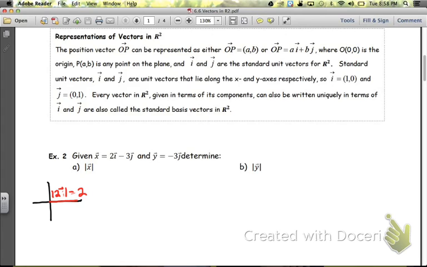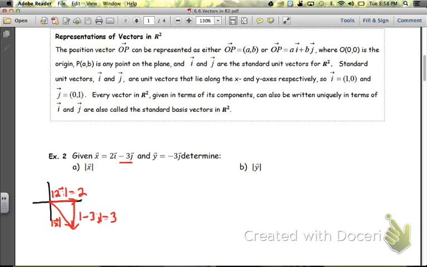When we're talking about negative 3j, which comes from our x vector, this would be our negative 3j, and the magnitude there would be equal to 3. So this here is our x.